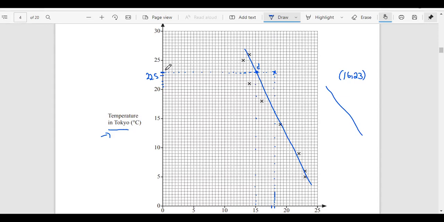Okay. Now, obviously, my answer is very different than the answer that it should be because I did not make the line properly. This line is not exactly the line of best fit because I did not make all the other points I was supposed to make, right?